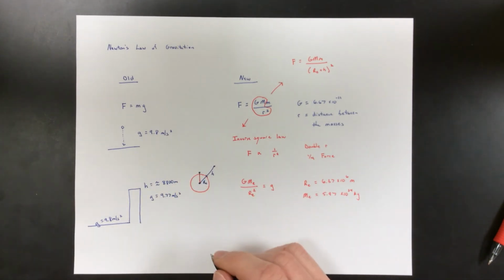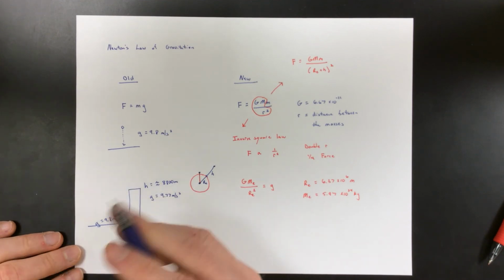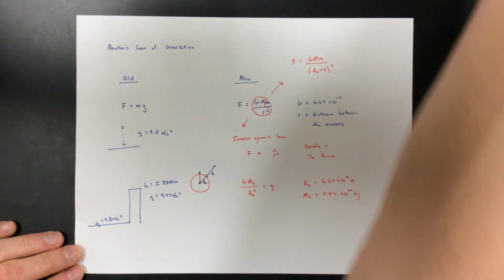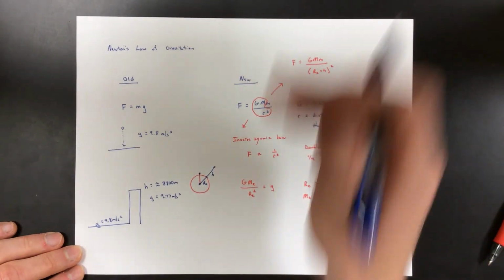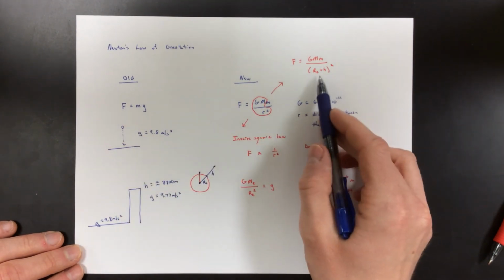So things would fall to the earth ever so slightly slower if you're on top of the mountain, and then obviously go further and further away, and it keeps changing. Okay, so this is the idea of we have a new force, but it does correlate to the old force given h is small enough.